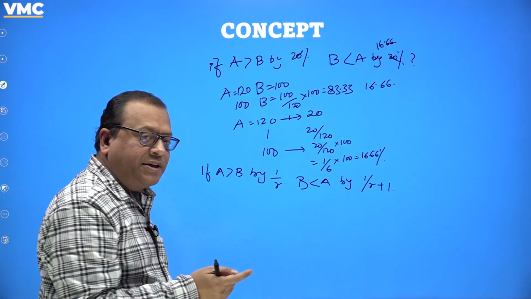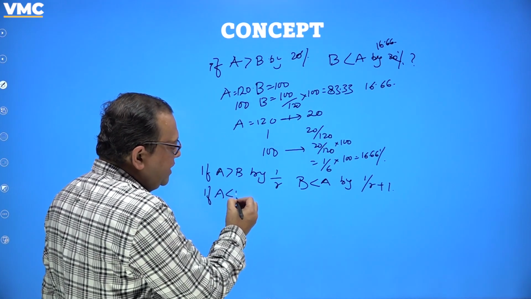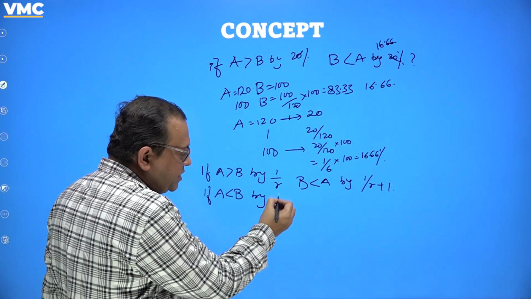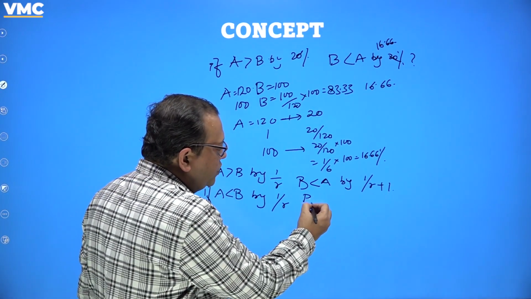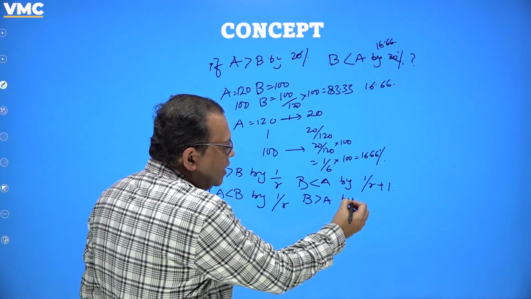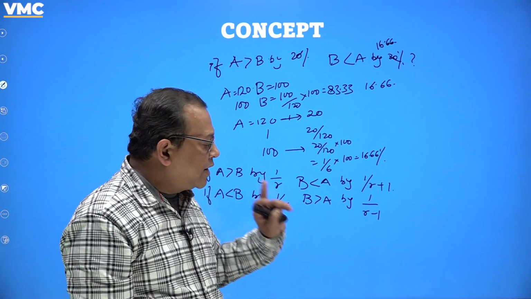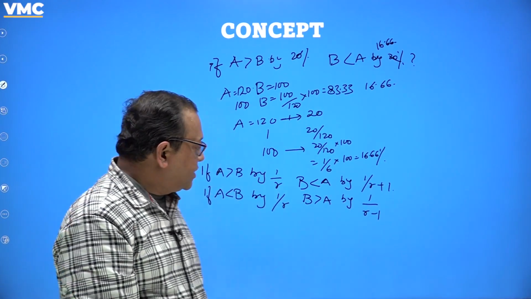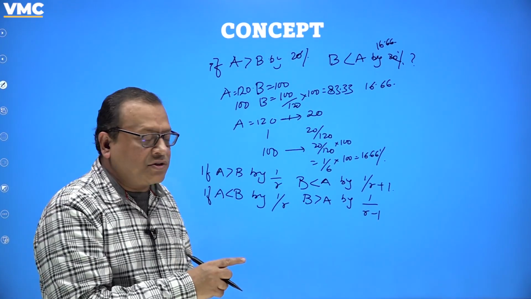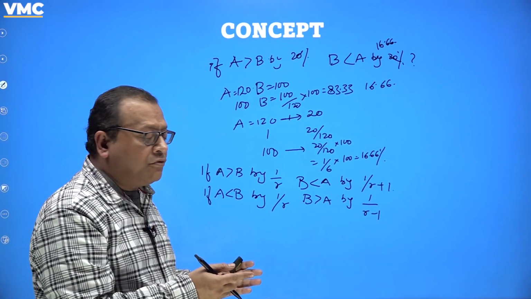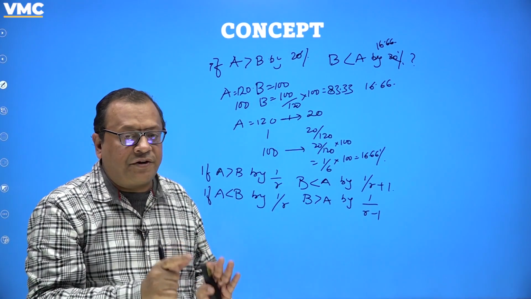Again, उसी लॉजिक से अगर मैं आगे बढ़ूं तो मैं ये कह सकता हूं कि अगर A B से 1/r पीछे है, if A is less than B by 1/r, then B is more than A by 1/(r-1). Right? So this is how you depict the comparison of percentages using the fraction values. It's very easy to remember. You don't have to remember any such formula. You just remember it by proper observation.